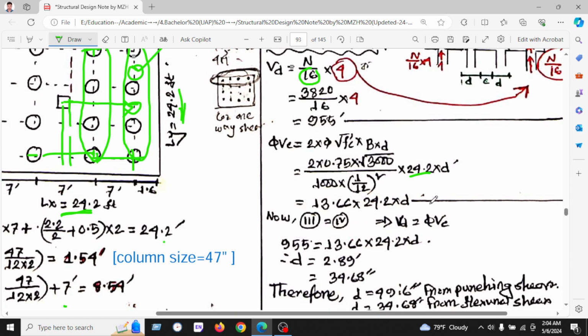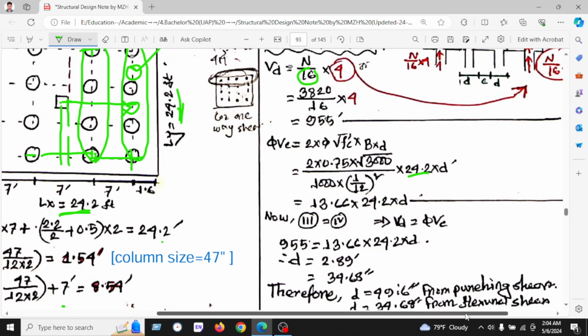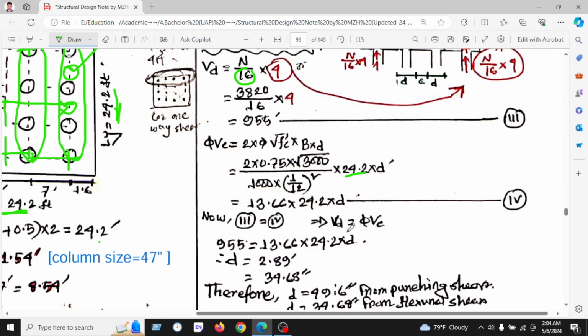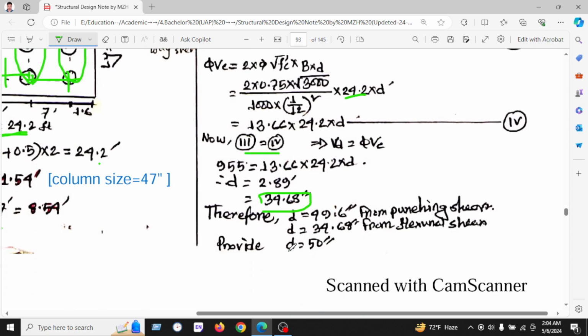And D, here is another equation we have written here. Solving equations 3 and 4, we found D is 2.89 or 34.86 inches.